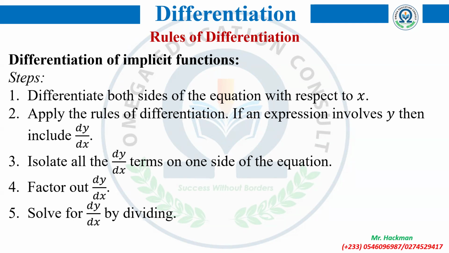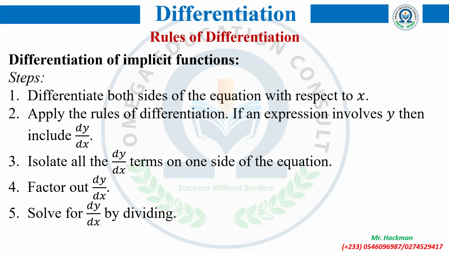Yes, please. Now 3, isolate all the dy dx terms on one side of the equation. So far we were not dealing with equations, so we didn't have sides to move terms to, the left-hand side or right-hand side. But this time we will be having sides, so we'll move the dy dx terms to one side. Then we factor out dy dx.